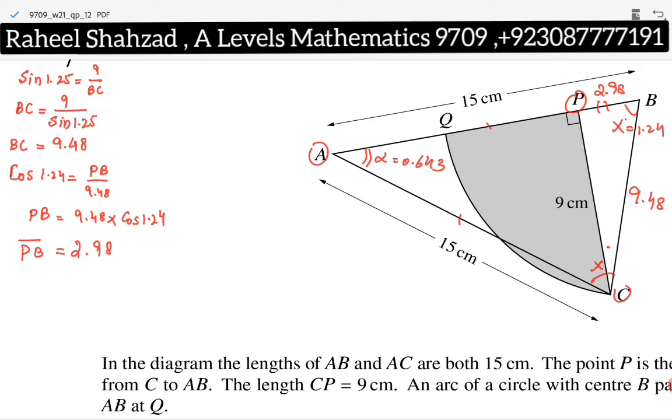Now I can easily find the area of the sector, and then we can subtract the area of the triangle out of it for the shaded area. So the area of the sector is going to be 1 by 2 r square theta, that is 1 by 2 into 9.48 square into 1.25, minus the area of the triangle, which is 1 by 2 into base into height, 1 by 2 into 2.98 into 9.